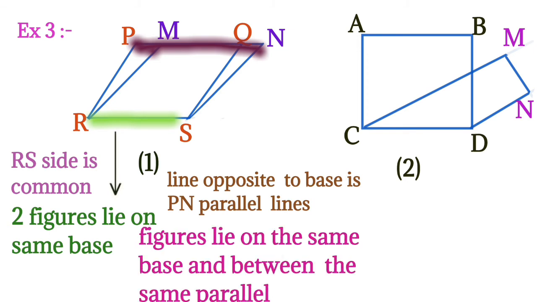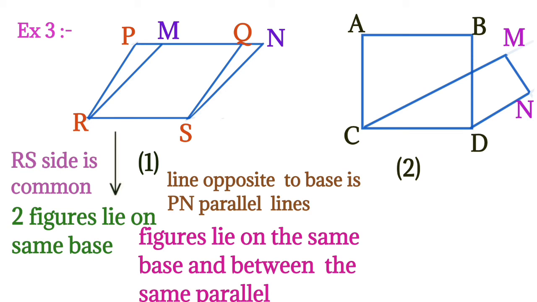For these two figures, we can say PQRS and MNRS lie on the same base RS and between the same parallel, that is PN. It means these two figures lie on the same base and between the same parallel.